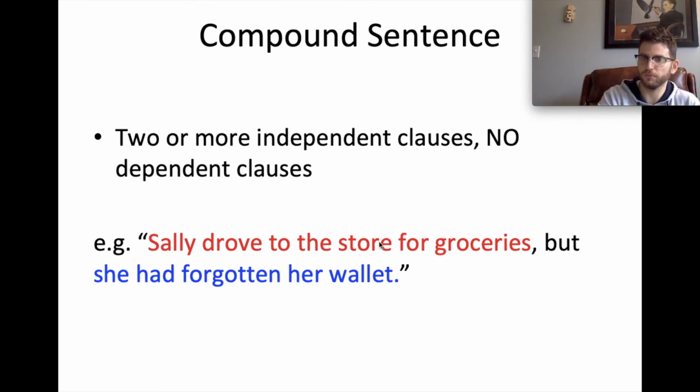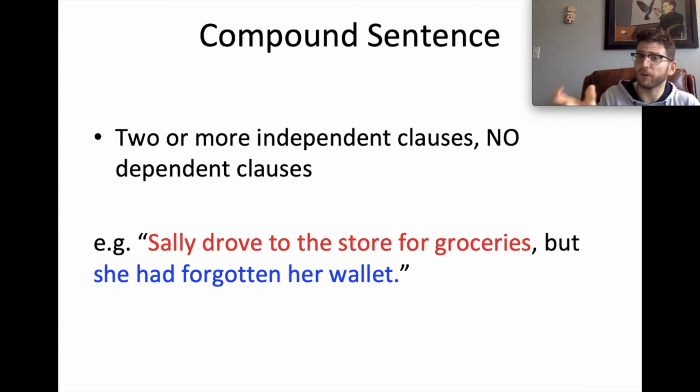To the store, we said these were two prepositional phrases. But is our coordinating conjunction. She, new subject, even though she is referring to Sally, she is a new subject. Had forgotten her wallet. Had, helping verb, forgotten, main verb there.